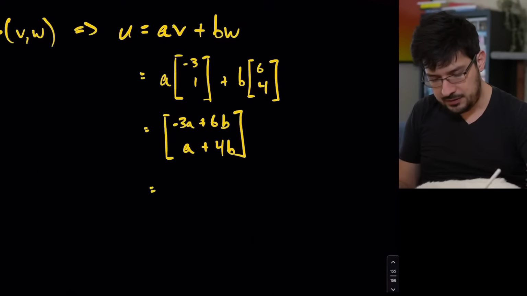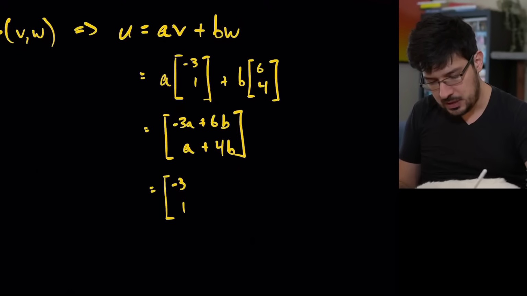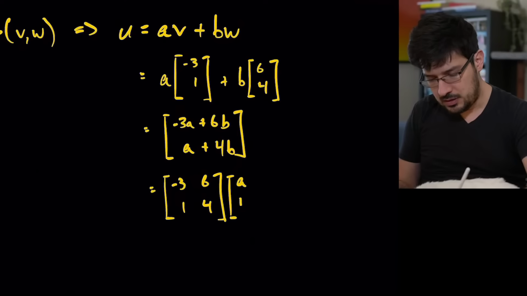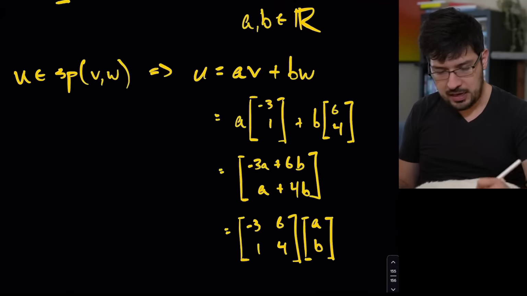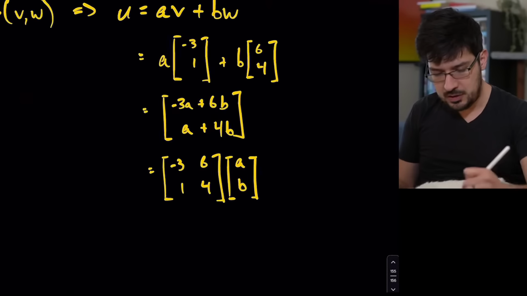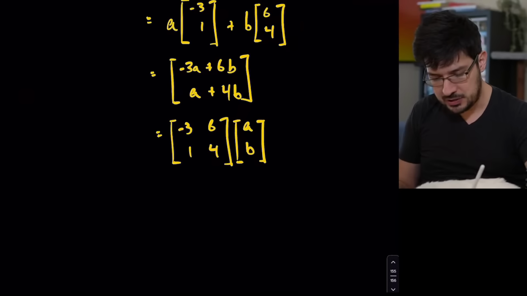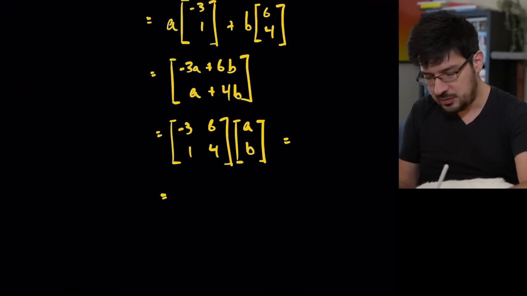And if you think about it, that is exactly the matrix -3, 1, 6, 4 times a column vector a, b, and we would be solving the equation of this equals u1, u2.